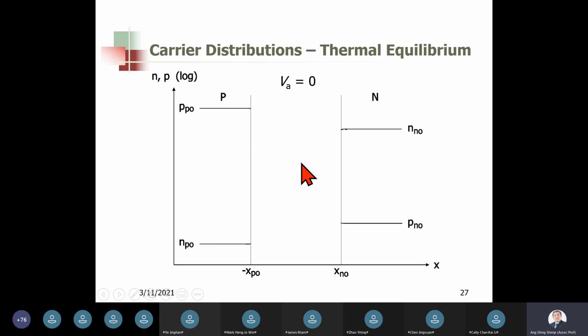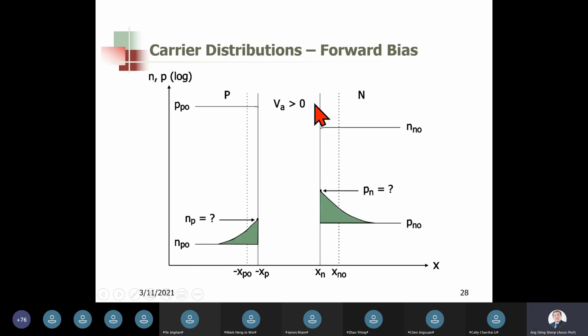Okay, now, under forward bias, we have carrier injection. So holes are injected from P to N, so that increases the hole concentration at the edge of the space charge region on the N side from the thermal equilibrium value to a new value.